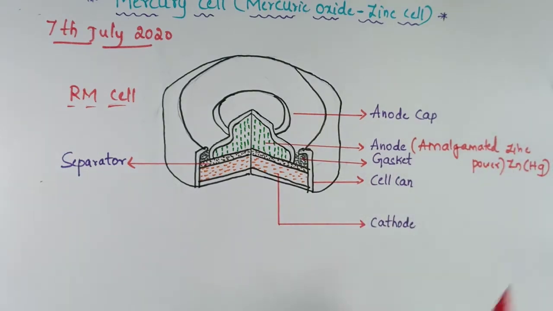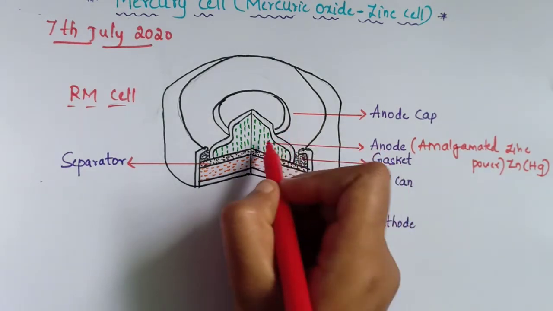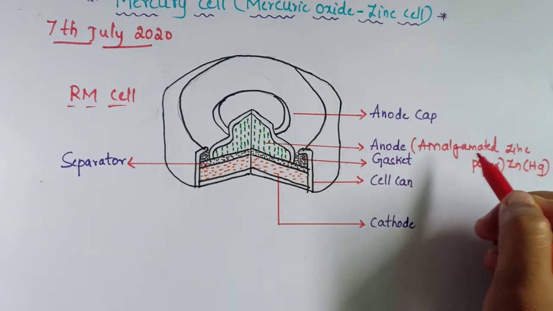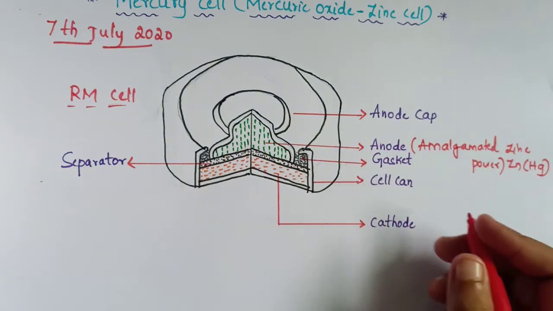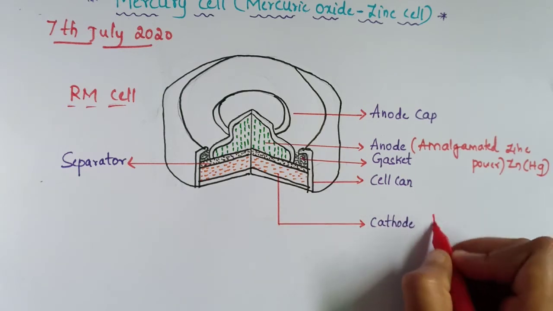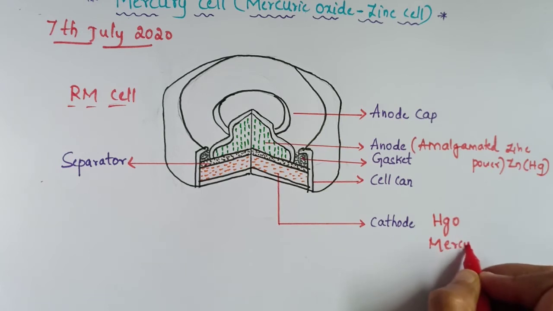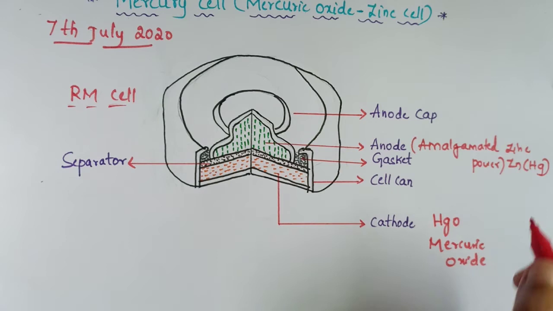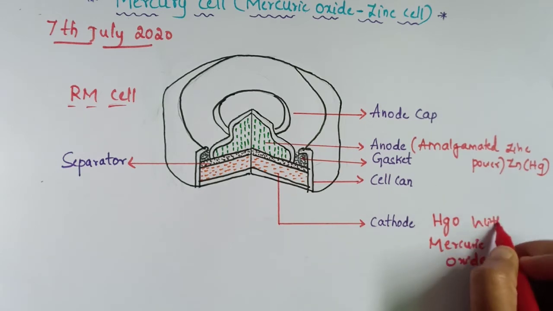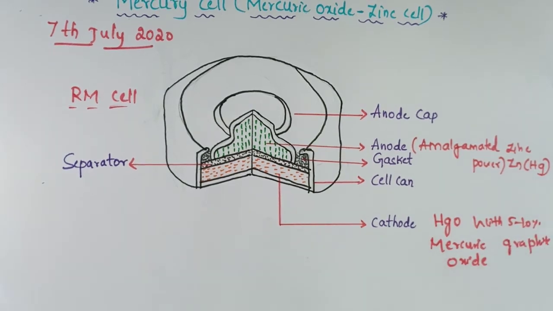And here is the cathode. This whole thing is the anode. It is amalgamated zinc powder, whereas the cathode is mercuric oxide, that is HgO, with 5 to 10% of graphite.